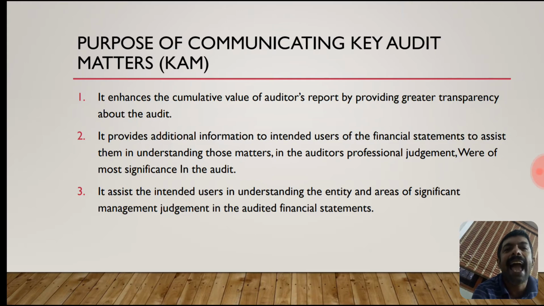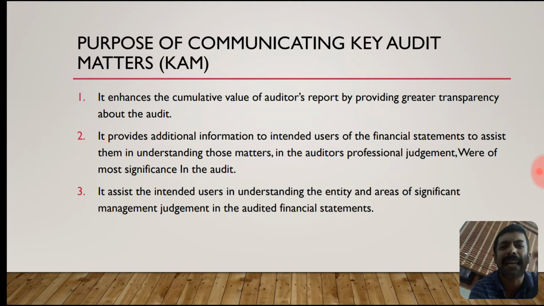It enhances the communicative value of the auditor's report by providing greater transparency about the audit. When significant matters are communicated, it provides transparency: nothing to hide, everything is communicated. So that is called a transparency level.